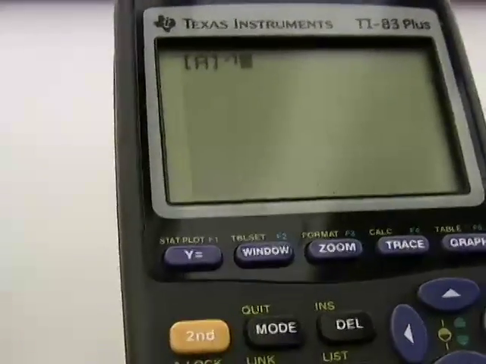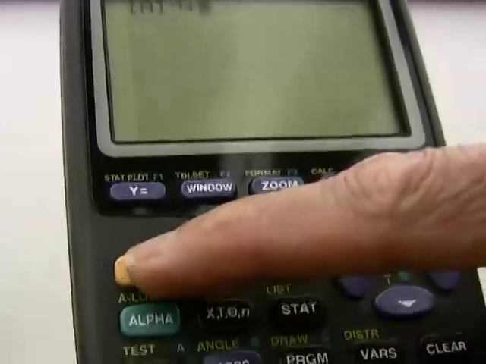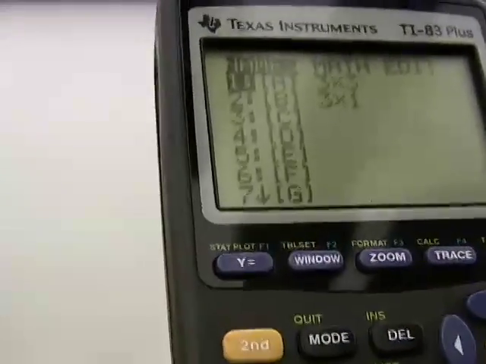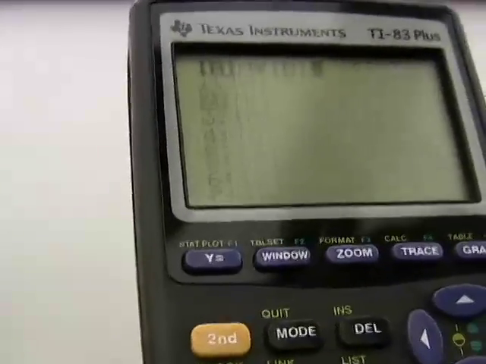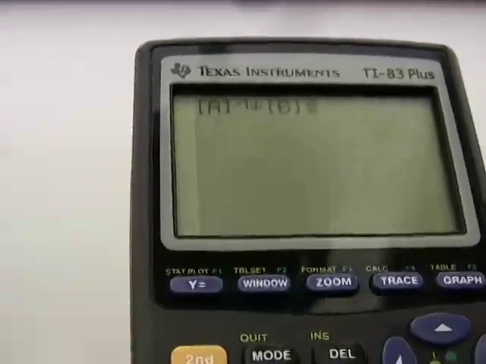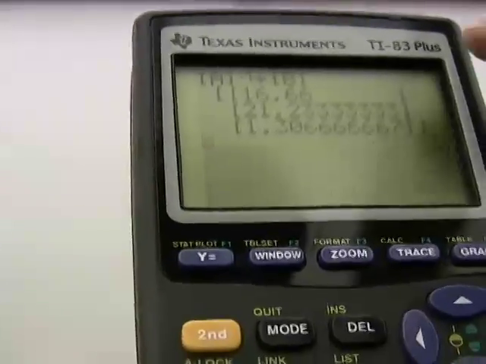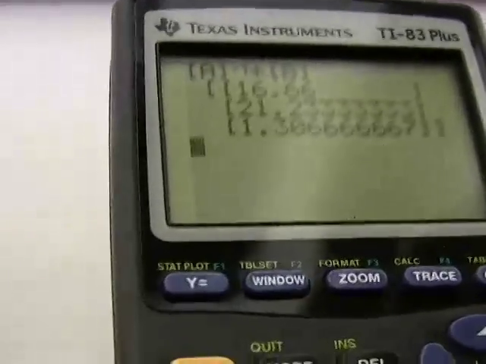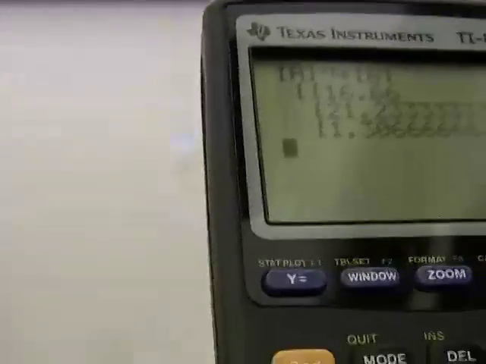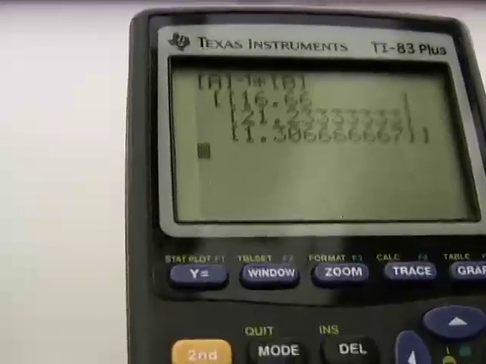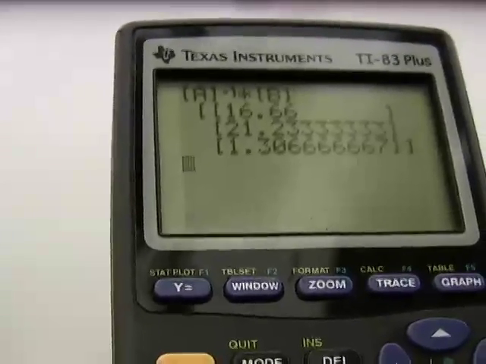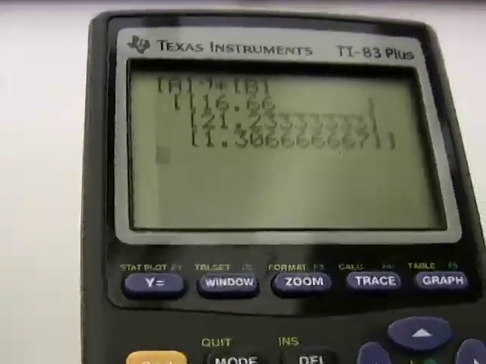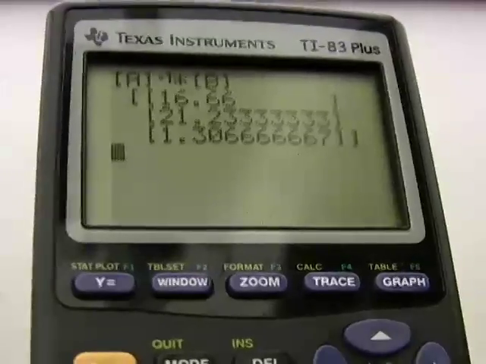A inverse multiplied by matrix B: second matrix, select B, come down, and A inverse B gives you the first variable T1, the second variable T2, and the third variable is the acceleration. So T1 equals 16.6, T2 is 21.23 and the acceleration a is 1.31.